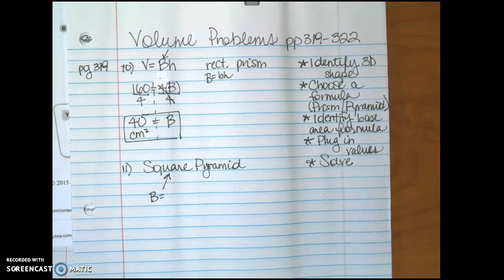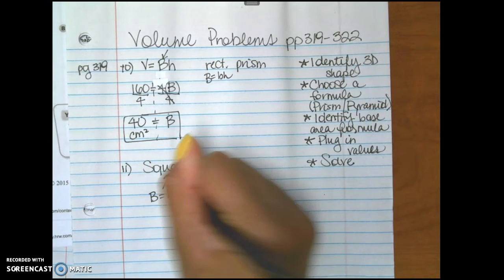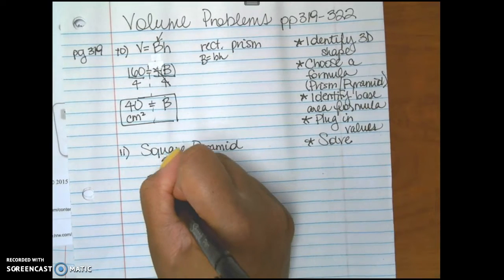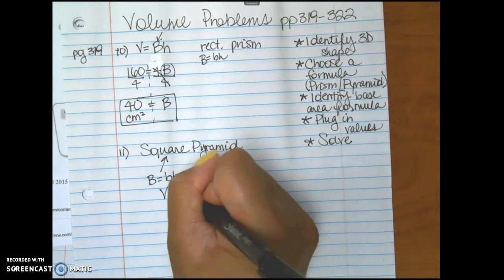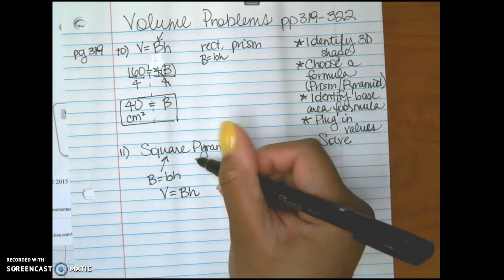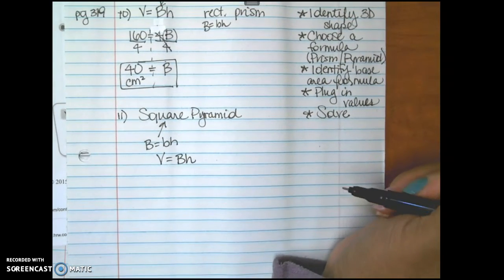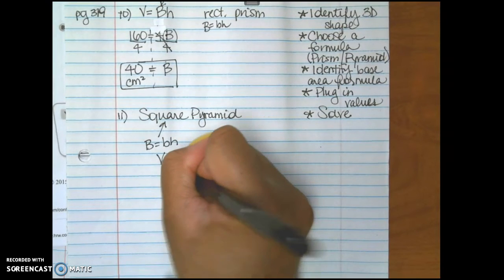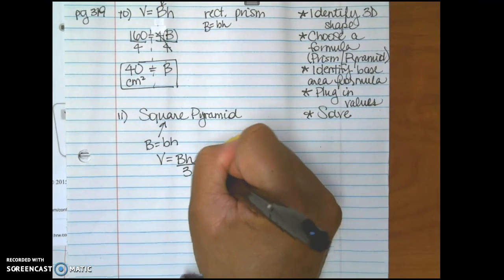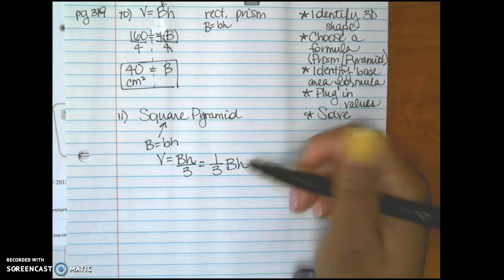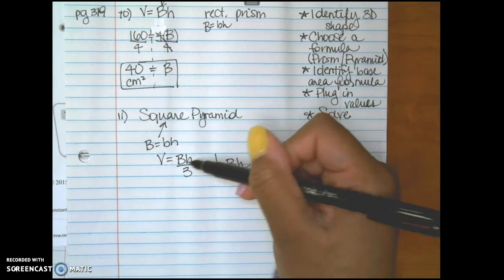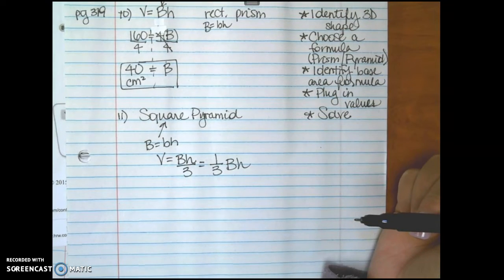I'm going to need the base area. So volume equals big B times H, but it's a pyramid, so what must I do? Divide by 3. I can write this 2 different ways: 1/3 big BH, or big BH divided by 3.